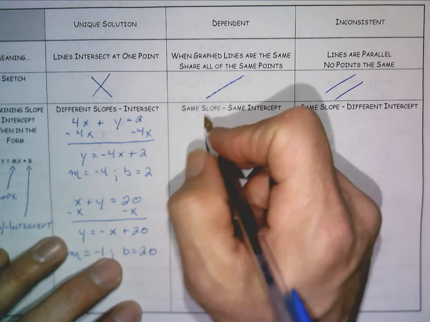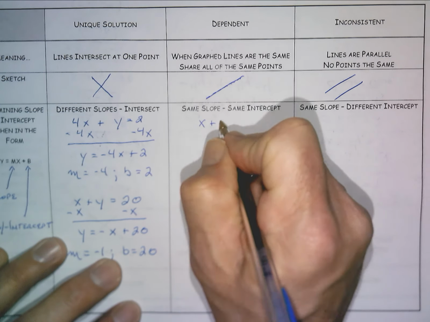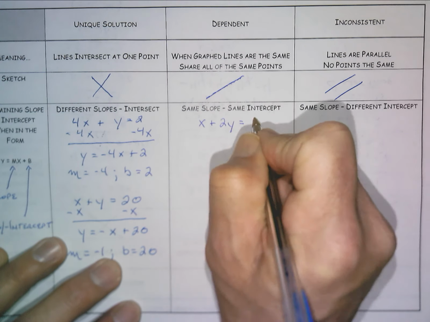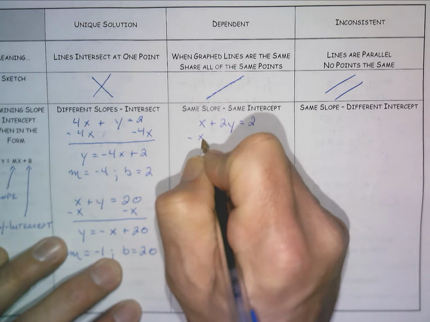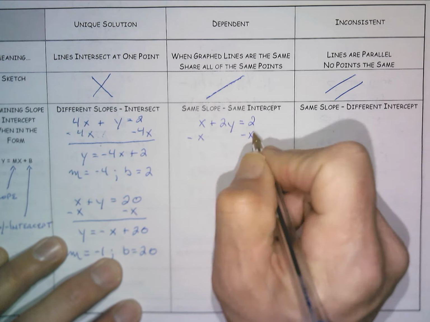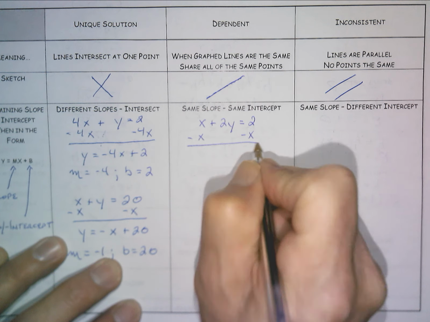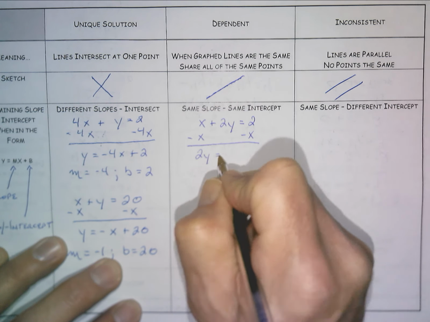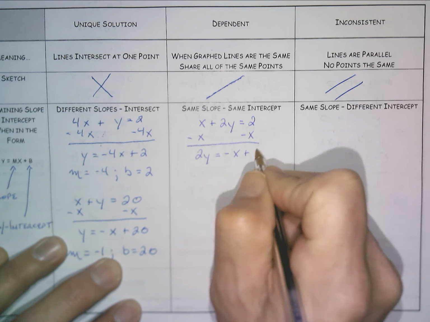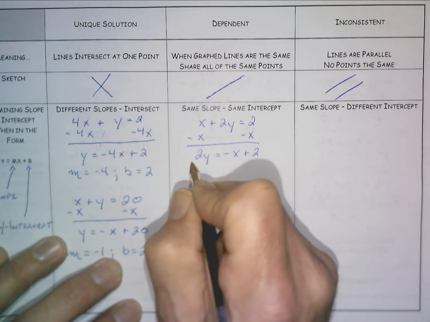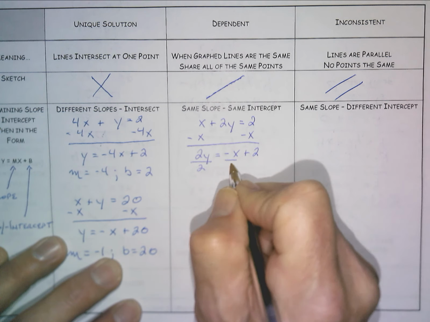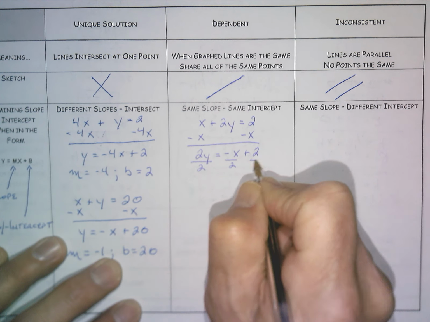So if I take x plus 2y equals 2, subtract x from both sides, I get 2y equals negative x plus 2. I'll divide everything by 2 so that I put it in the proper form.